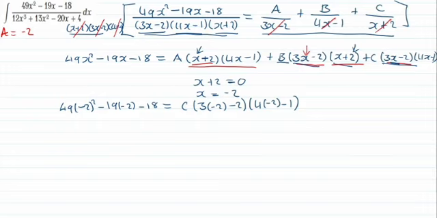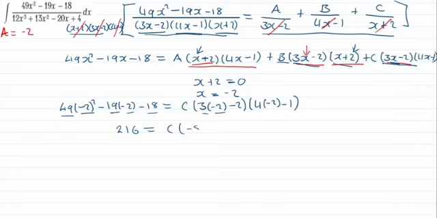What we'll get here, when you say 4 multiplied by 49, then plus 19 multiplied by 2, then minus 18, we're going to get 216, which is going to be equal to, on this other side, negative 2 multiplied by 3, that is a negative 6, and negative 6 minus negative 2, we get a negative 8.